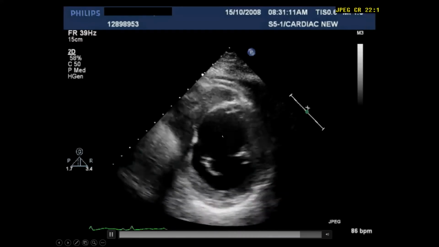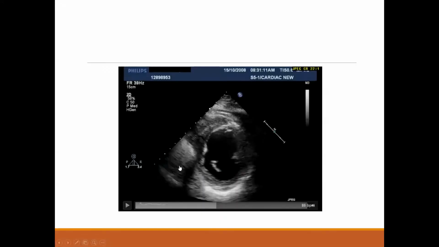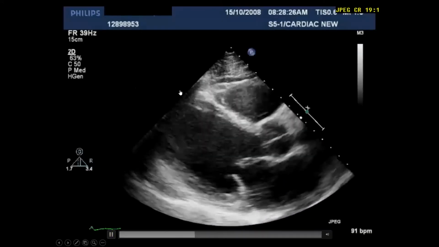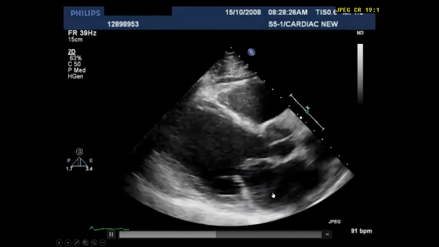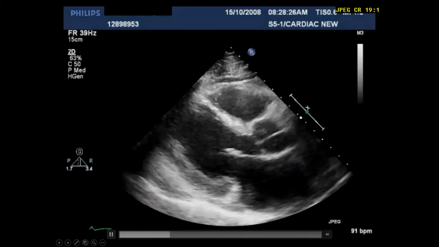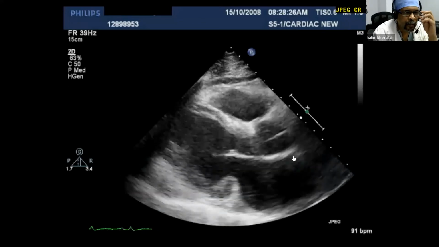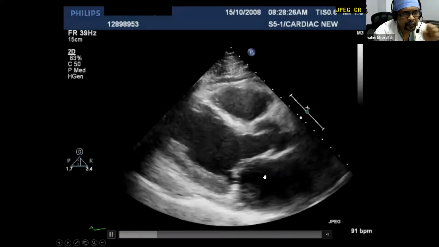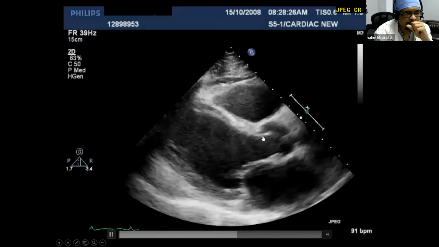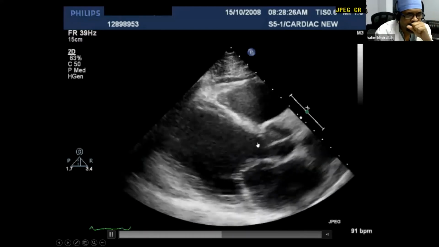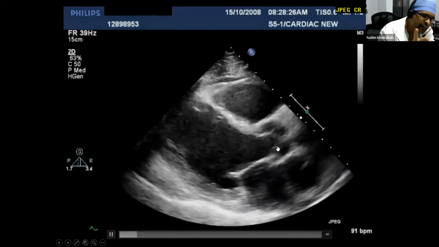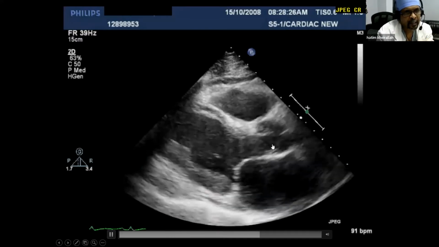Regarding the previous view, I have a question about the aortic leaflets. Is there no abnormality, or is it normal? It's very hard to tell that it's thickened from this view. I perceive them as normal so far, but there may be a little bit of mild thickening.